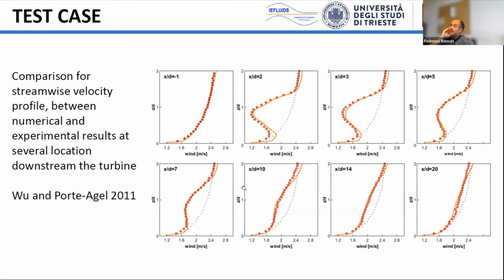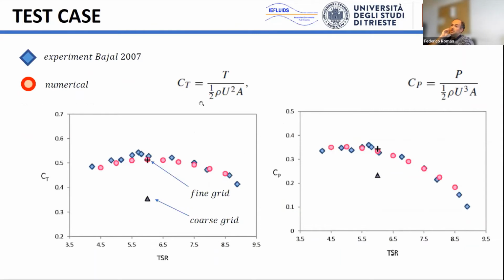experimental results. Then we started doing some tests more related to the marine environment, a test case related to the work of Bahaj 2007, in terms of the thrust coefficient and the power coefficient, and their dependency on the tip speed ratio.